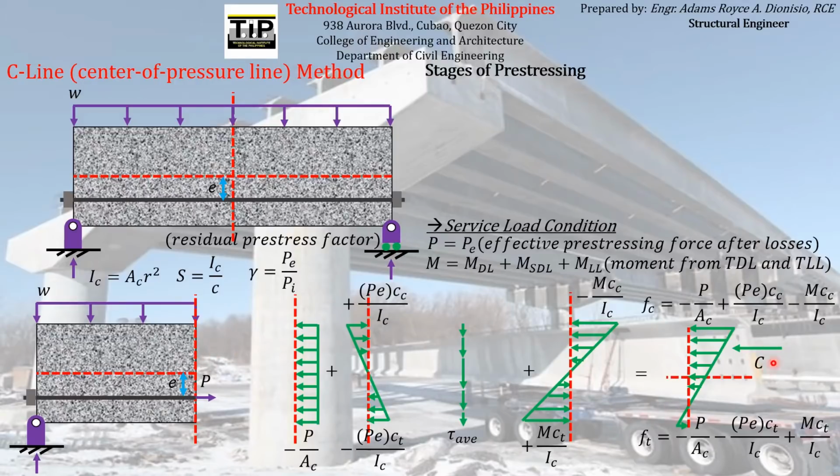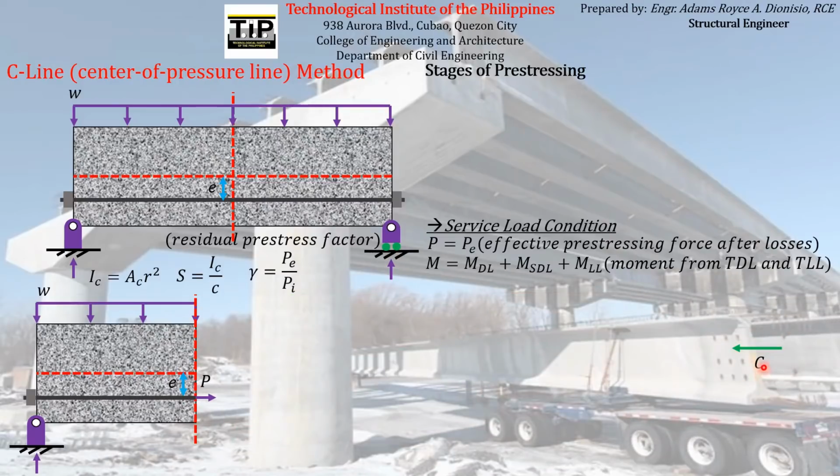So that single force, the total compressive force being experienced by the concrete cross-section, is where we will start our derivation of the formula for computing stresses using Sealant method. So let us just focus on that single force.